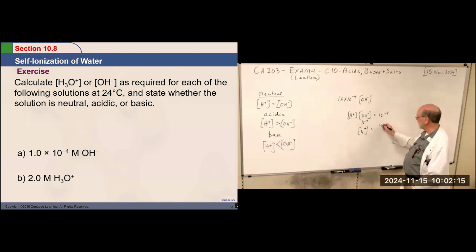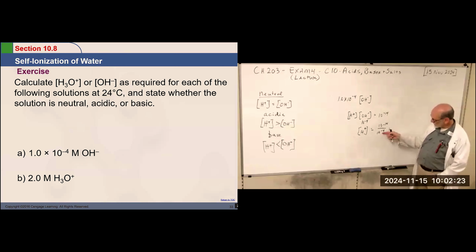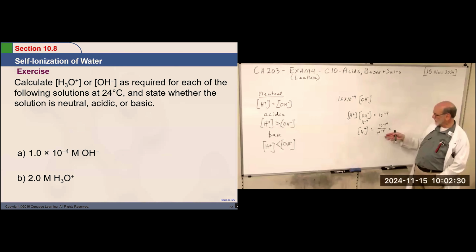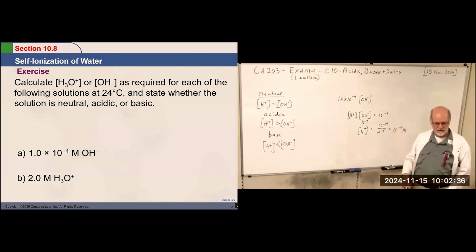All right, so if we solve for the hydrogen ion concentration, then it'd be 10 to the minus 14 divided by 10 to the minus 4. And what would that give you? If we bring this one into the numerator, it becomes a positive power, right? And then you just add the exponents. Plus 4 and minus 14 would be 10 to the minus 10 molar for hydrogen ions.